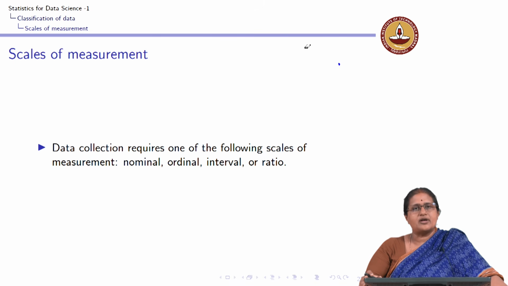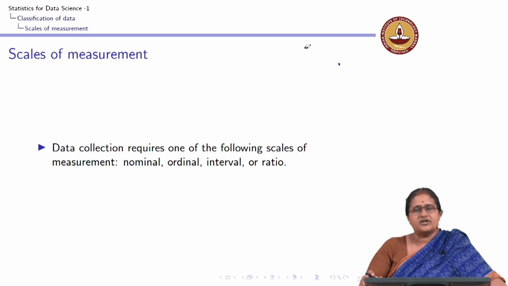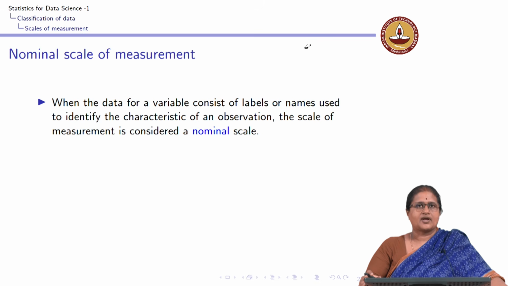It is extremely important for us to know the scale of measurement for each of the variables in my data set to eventually decide what kind of summary I can do for that variable. Hence, it is extremely important to know the scale of measurement for each variable. We start with the nominal scale.